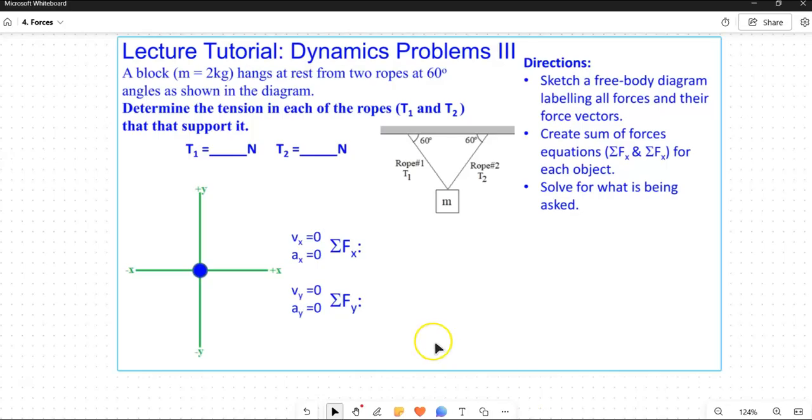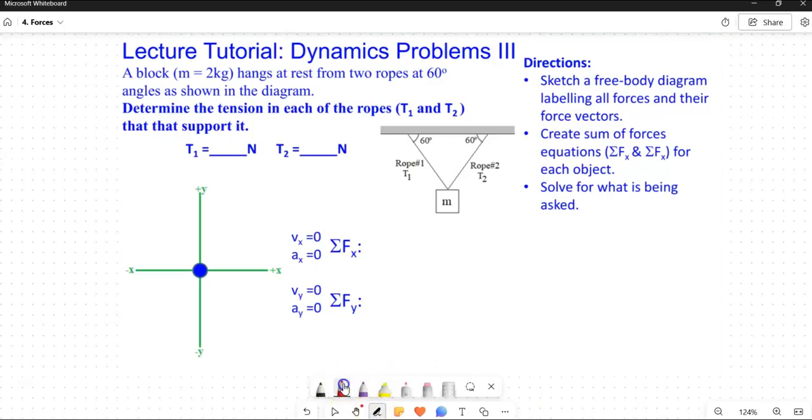We have a block being suspended by two ropes, T1 and T2, and they both make an angle of 60 degrees to the surface. This is a 2 kilogram block, and we are asked to figure out the tension in T1 and T2.